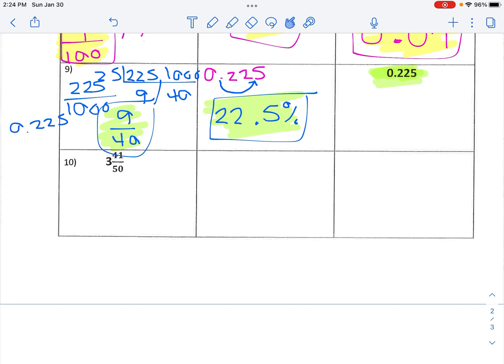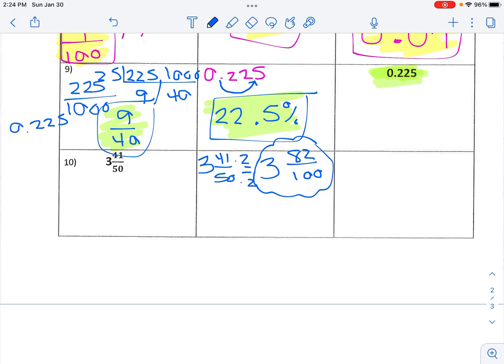All right, last one, 3 and 41/50. That is already reduced, so there's nothing I need to do with it. Now for my percent, I know the percent has to be over 100. And I know to get to 100, I'm going to have to multiply 50 times 2 and 41 times 2.